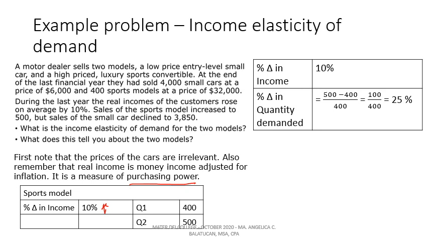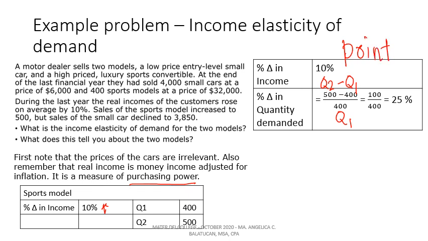So the percentage change in the quantity demanded is the difference between the base quantity and the quantity 2. So you have the quantity 2 minus the quantity 1. If you can observe, the formula we used here is the point method.